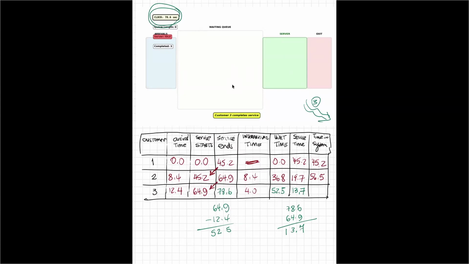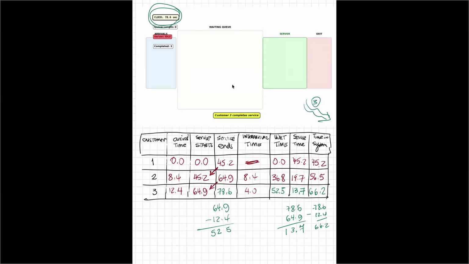And the time in the system is time of departure minus arrival time. And that will give you 66.2. Okay, I will give you 66.2.